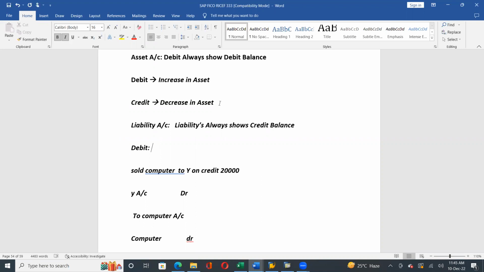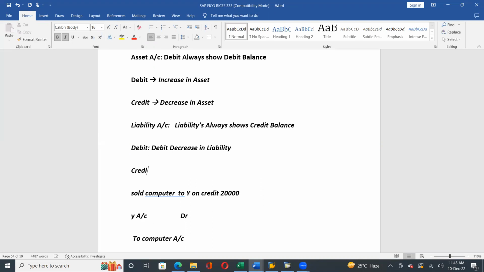Debit decrease, credit increase. Debit decrease in liability, and credit increase in liability. Correct?